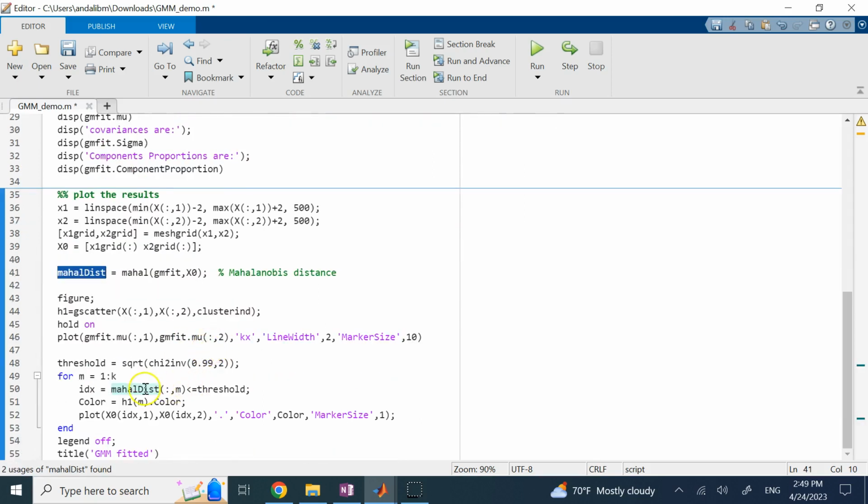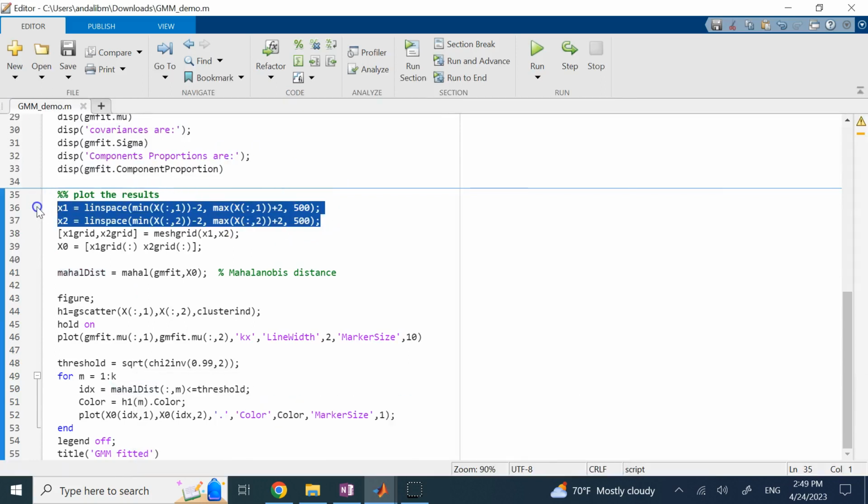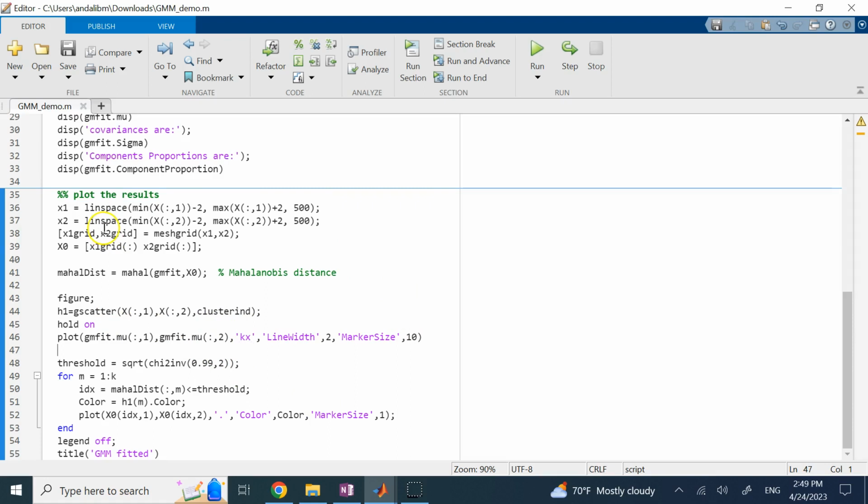And now I use that Mahal distance to basically determine, for each and every one of those lots of points that I have generated, 500 times 500 data points, the distance to these 3 clusters that I have, and see which one of these clusters it's closer to.